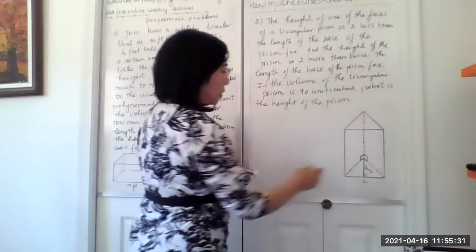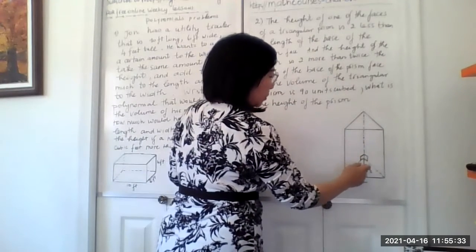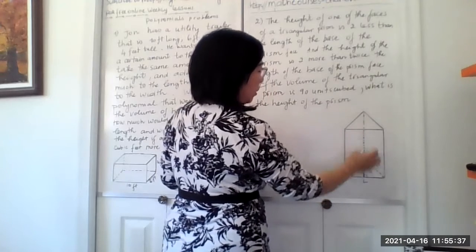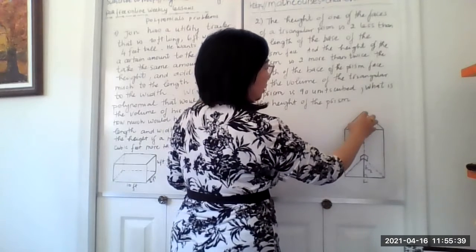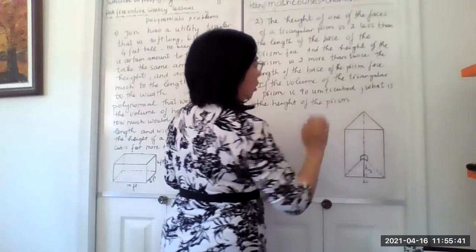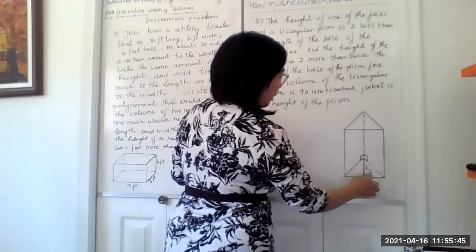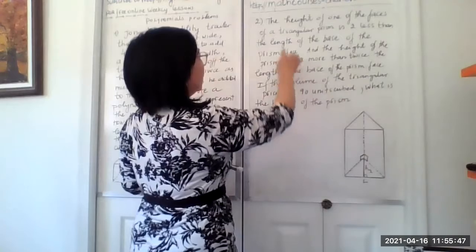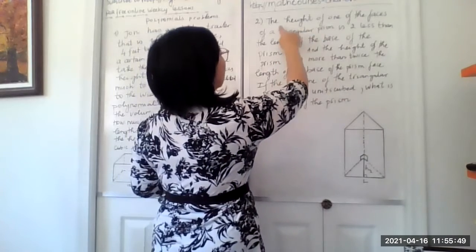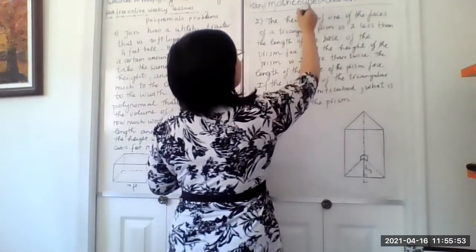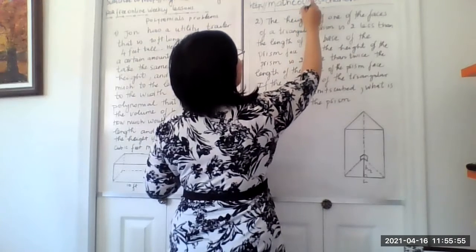That's height 1 with the solid line of the triangular prism face. So this is the bottom face, but it could be the same on the top, whatever you want. So I just mark here the solid triangle height 1. They're talking about the height of one of the faces of the triangular prism, which is height 1 here.